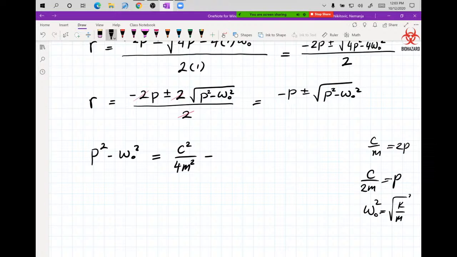When I square both sides, it will just kill the square, and I'm just going to get k over m. And just do the common denominator, basic algebra of 4m squared. We have c squared minus, and now over here I need 4m, so 4mk on top.